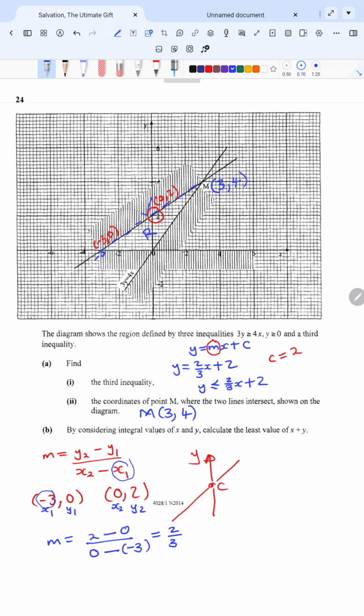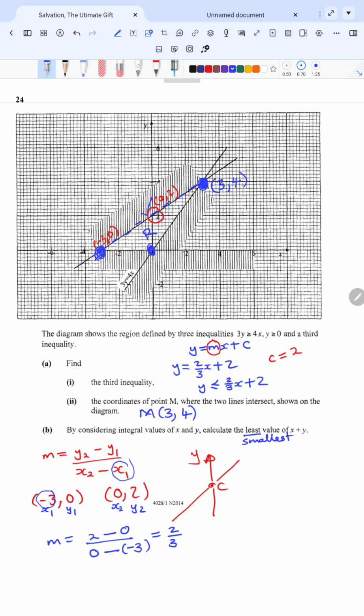By considering integral values of x, calculate the least. The least means the smallest value. So they want you to calculate the smallest value of x plus y. So the easiest method is to identify the vertices of the region R. Since R is a triangle, it means we are going to have 3 vertices. I'm going to put those spots here.